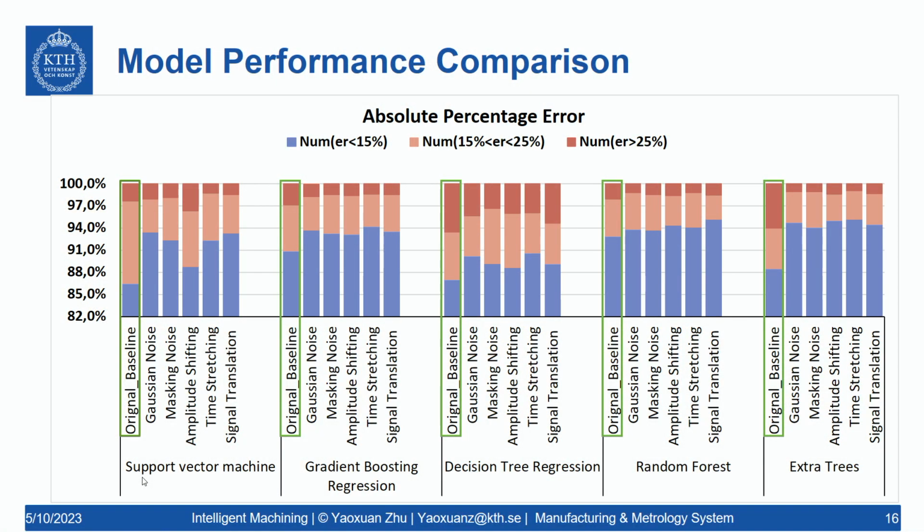Here is another performance metric. It's called absolute percentage error, which can reflect the real data distribution in the testing data.